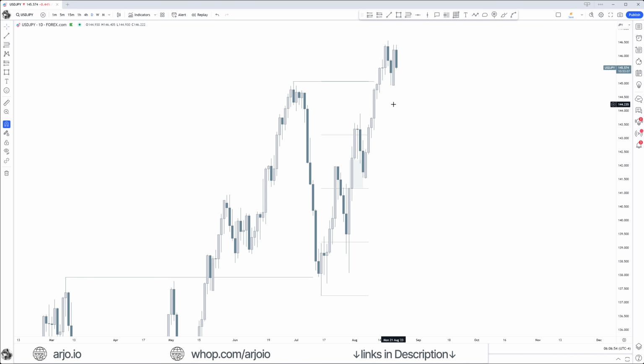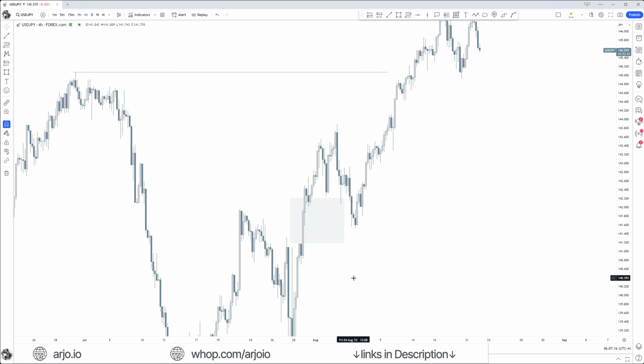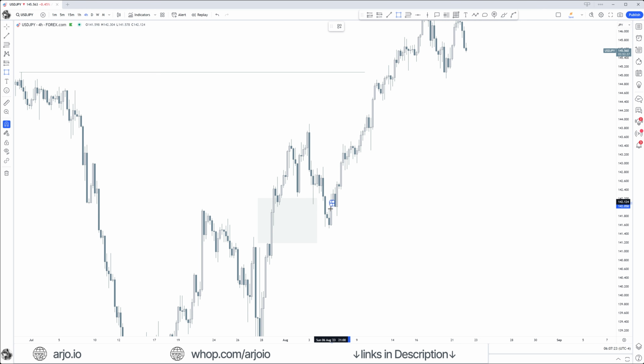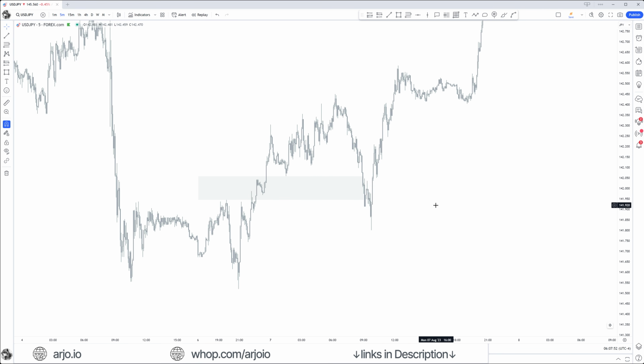Now let's use the same exact example that we used in a previous video about a New York strategy. Here we are on the 4-hour time frame. Now here we have that daily fair value gap to work with. We have this new 4-hour fair value gap right there. Then if we dive into the 5-minute and take a look at that price action right there, we can see that we are coming into that 4-hour fair value gap.